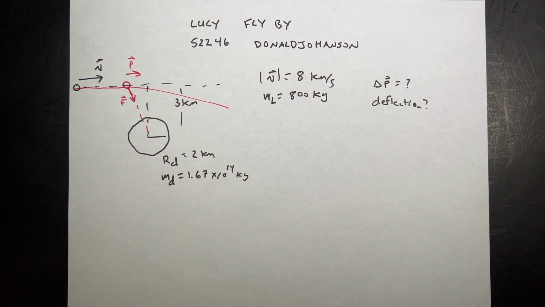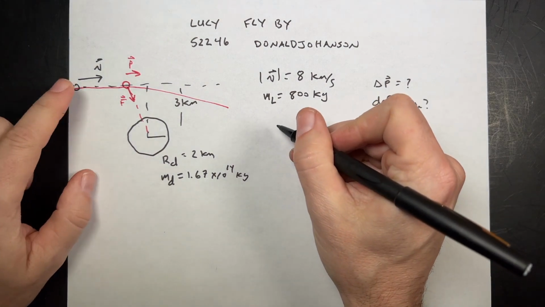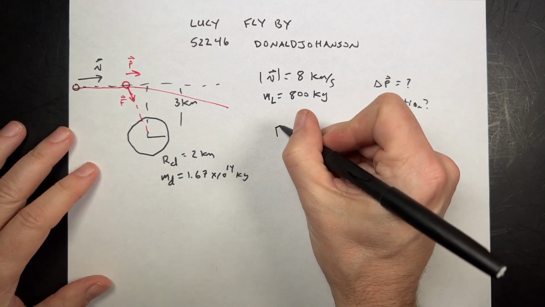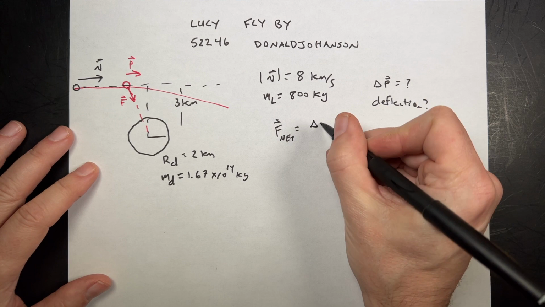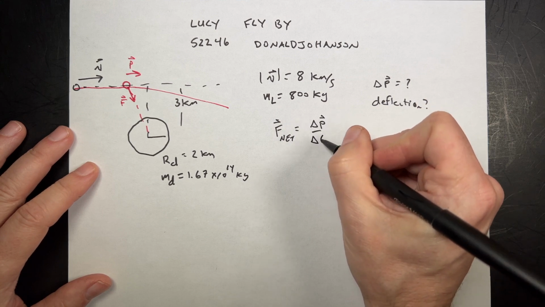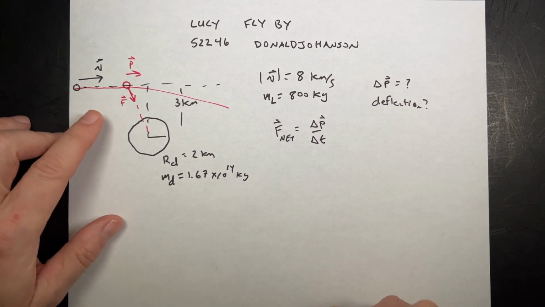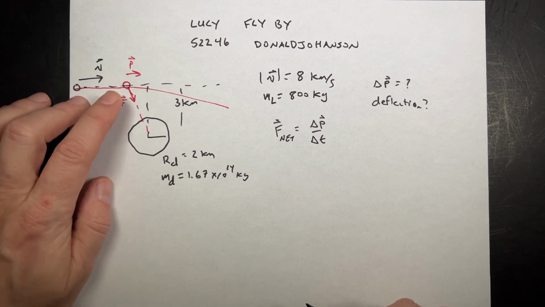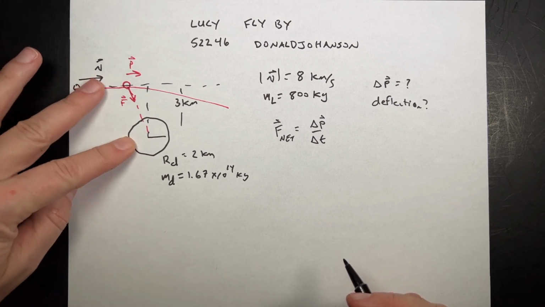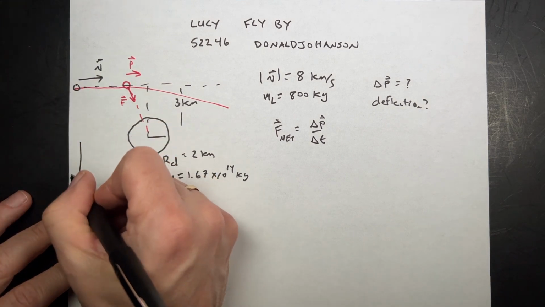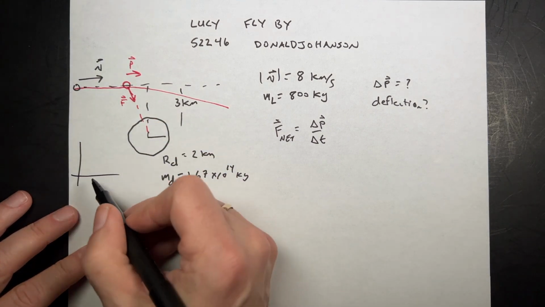So let's start off with the momentum principle. We're looking for the change in momentum of this. The momentum principle says the net force is equal to the change in momentum with respect to time. And in this situation, the only force acting on the spacecraft is the gravitational force between these two. Suppose I could put this at the origin, but I'm not going to.